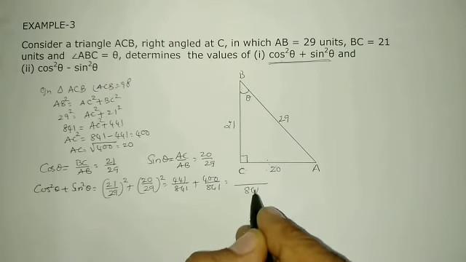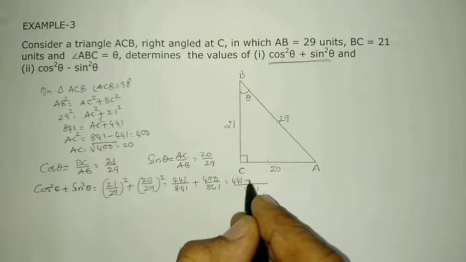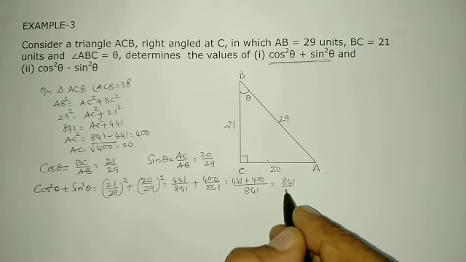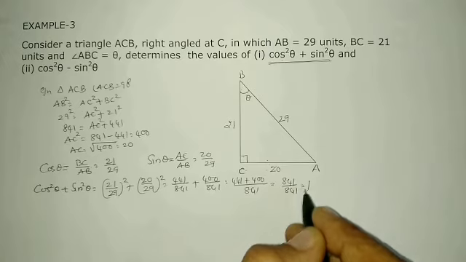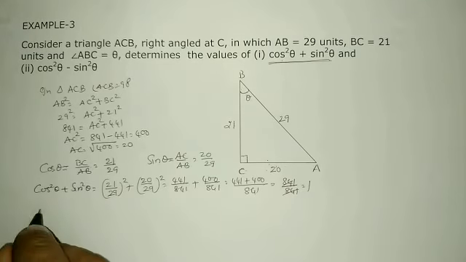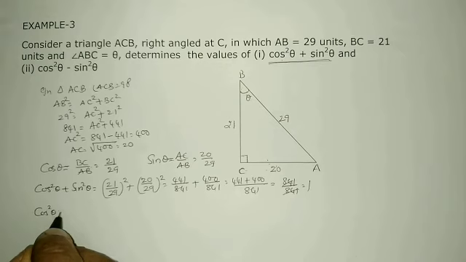So 841 is LCM, and in the numerator you get 441 plus 400. By taking LCM we get that. So cos square theta plus sin square theta equal to what? 1.